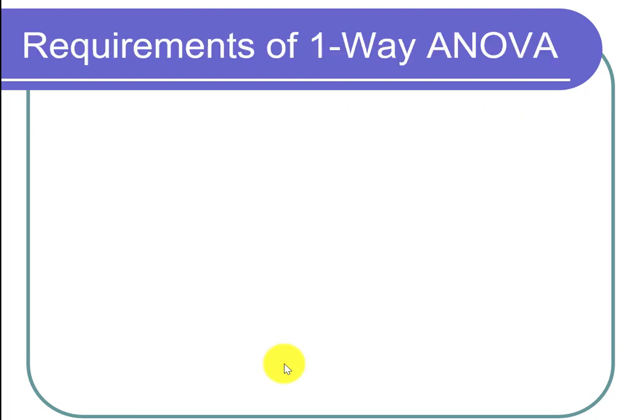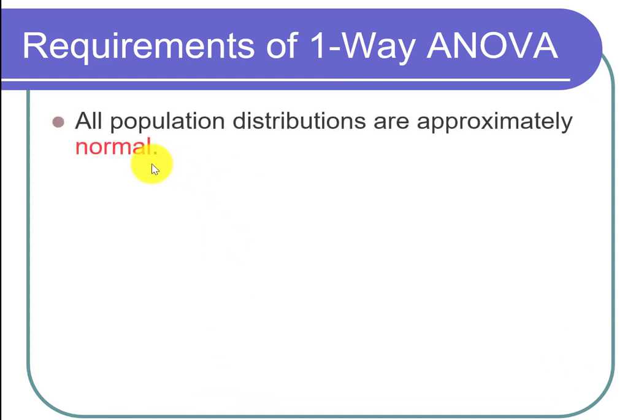So for one-way ANOVA, just like all the other hypothesis tests and confidence intervals, there were some requirements, something you had to have in order to do it. The first one we've seen before, and that is normality. We saw, for example, to do a t-test, you had to have a normal distribution for the sampling distribution.